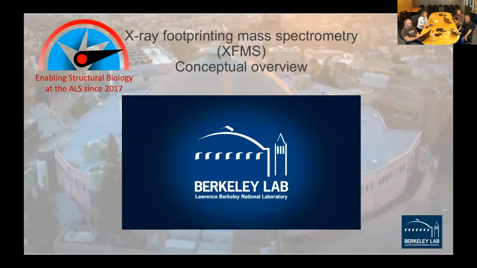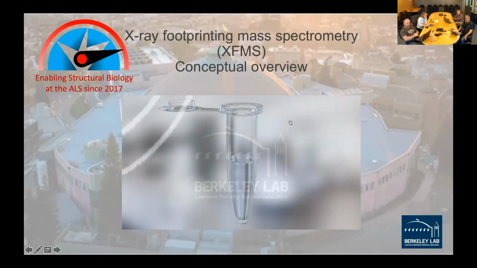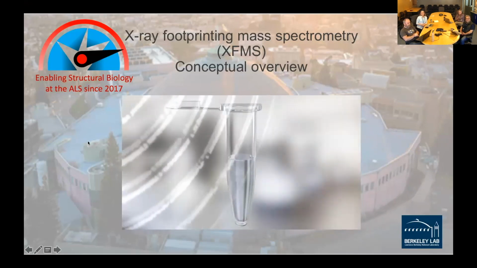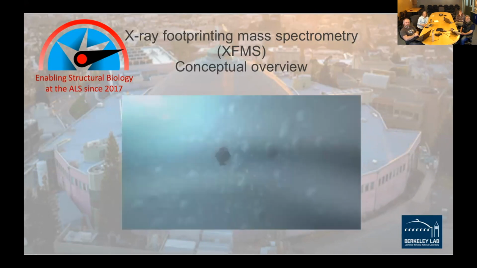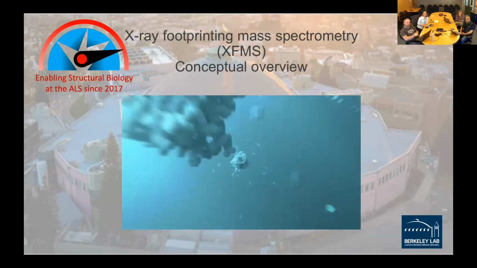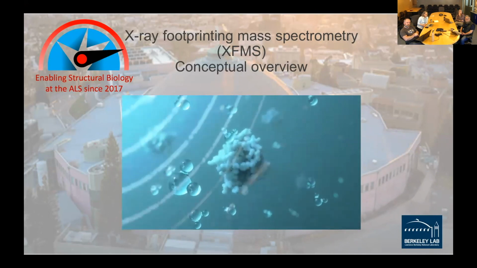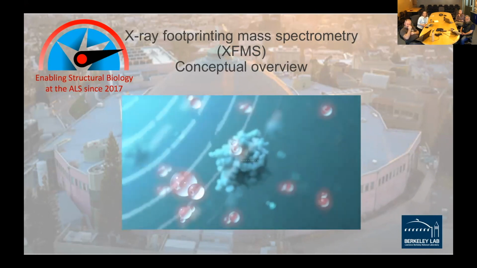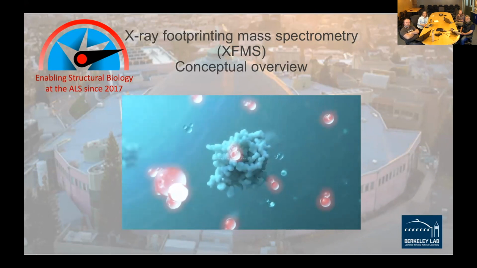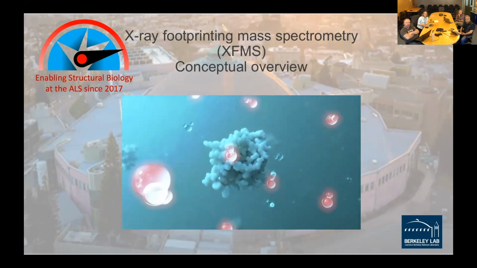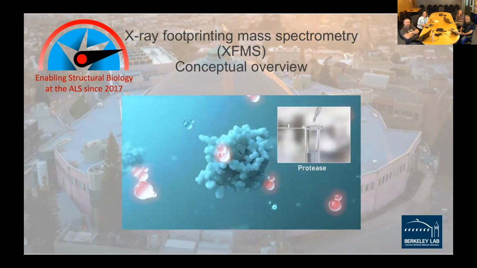I did want to start out with just a basic overview of X-ray footprinting, because a lot of people have not heard of it and don't know what it is. This is a very simple conceptual overview. Basically, it's a solution state method. We have protein in some kind of buffer. We irradiate with X-rays. The X-rays interact with the water and produce hydroxyl radicals. The hydroxyl radicals will go on to modify protein side chains.